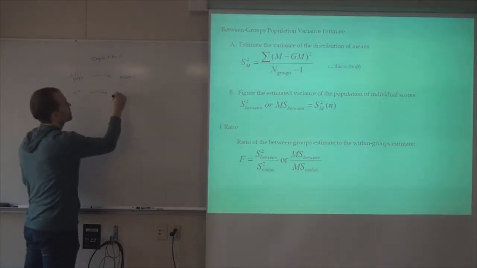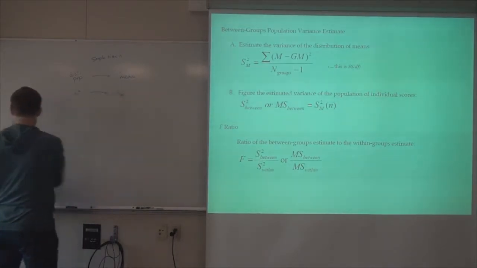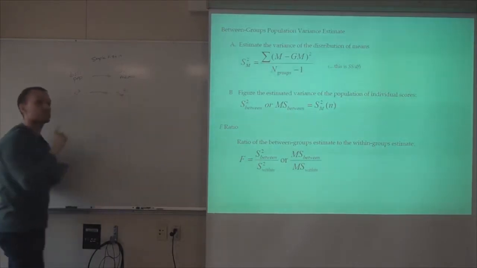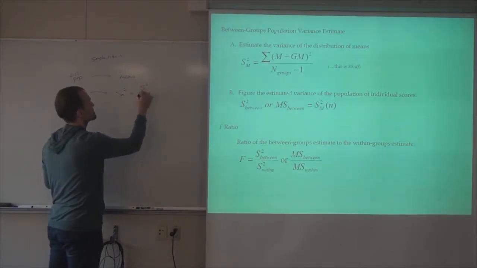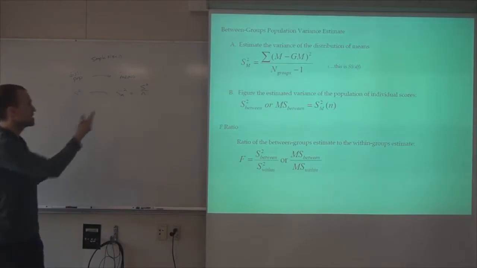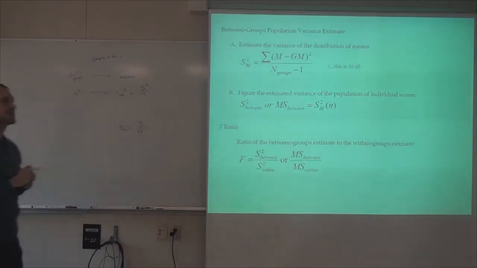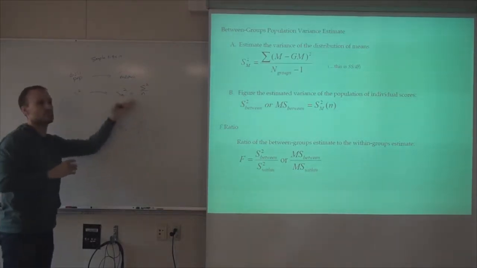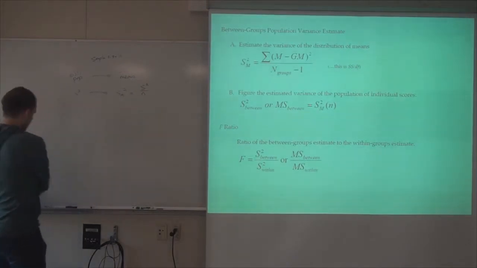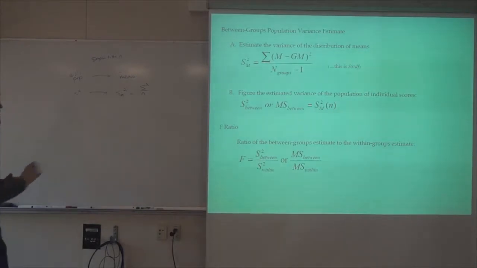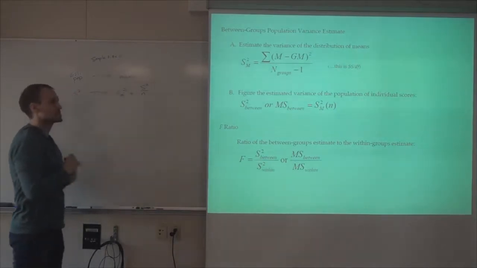So I went to what we call SM squared, not S squared, the variance of the distribution of means, and that was simply the population variance estimate over the sample size. Now you can write this as the standard deviation of the mean being the standard deviation of the population over root n, whichever one you prefer. Right now we're just focusing on the variance, so I don't want to get confused between the two. So this n that I divided by here was coming from the sample size.